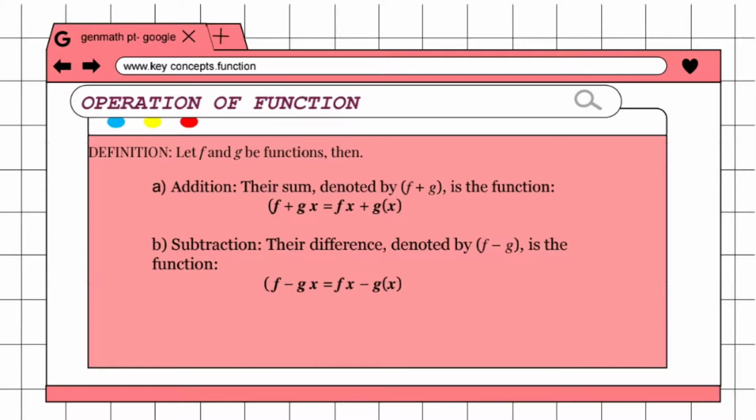Definition: let f and g be functions. In addition, their sum denoted by quantity of f plus g is substituted as quantity of f plus g of x is equals to f of x plus g of x. In subtraction, their difference denoted by quantity of f minus g is substituted as quantity of f minus g of x is equals to f of x minus g of x.